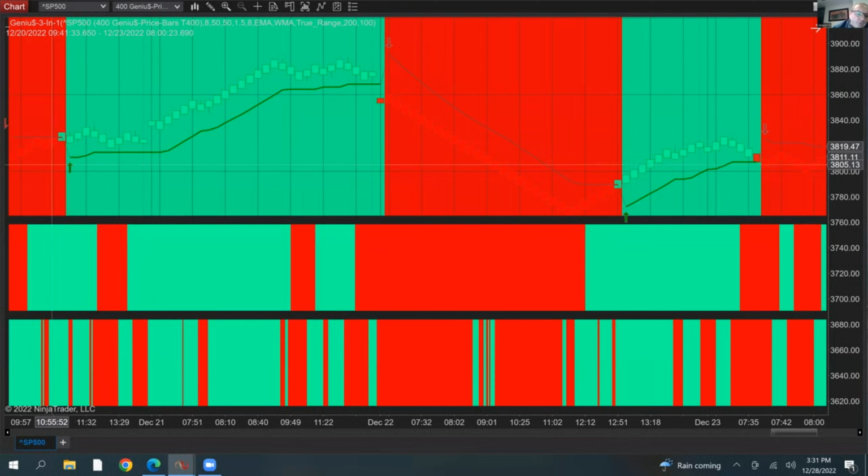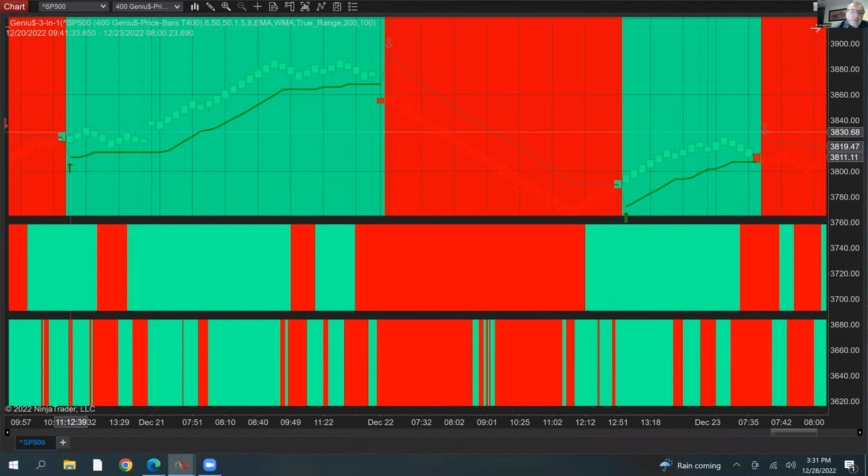When the market first changes trends and becomes an uptrend on the master trend, as you can tell, if you can see my line, the fast trend at that moment is red.